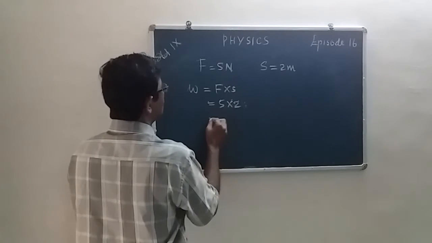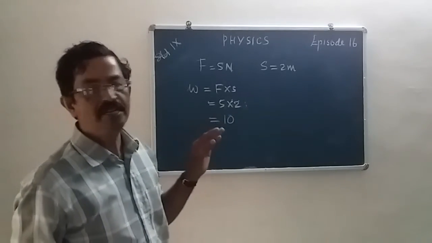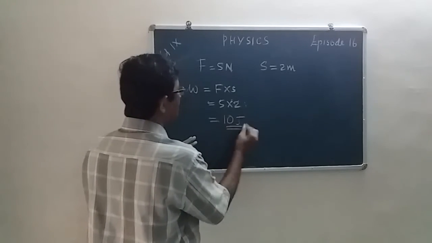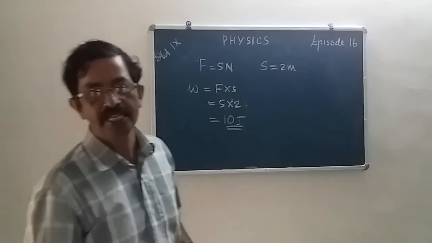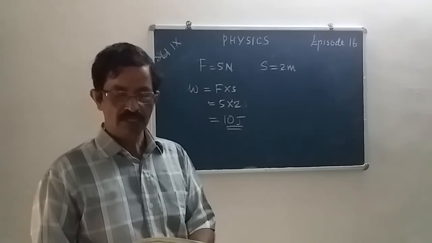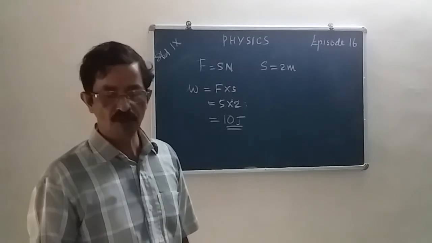So 5 into 2 is 10 Newton meter, that is equal to Joule. So the work done is 10 Joule. Here the work done is 5 Newton into 2 meter, 10 Newton meter or Joule.